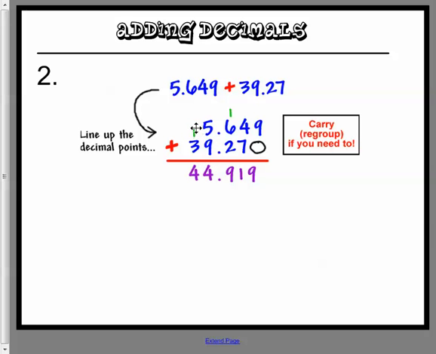Think of that 1 as being the 10. 10 plus 30 equals 40. So I get 44 and 919 thousandths. Make sure that you remember their last name. These are the thousandths. So we have a specific way of saying decimals.